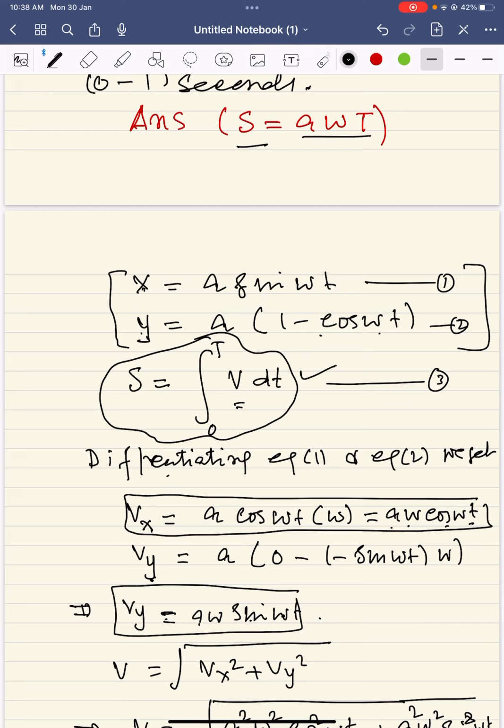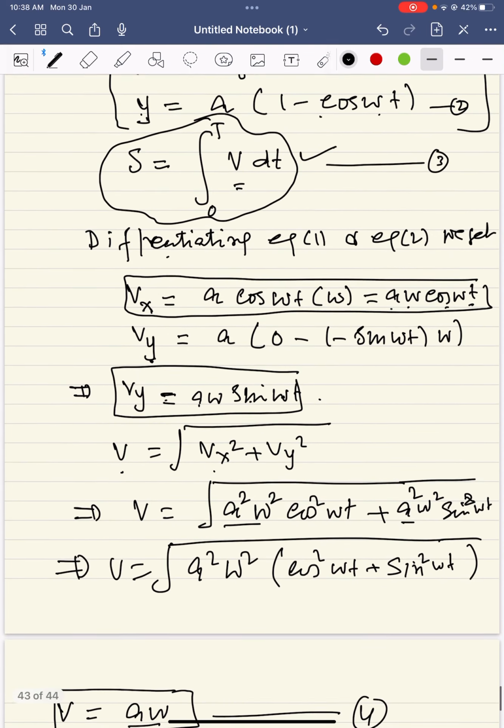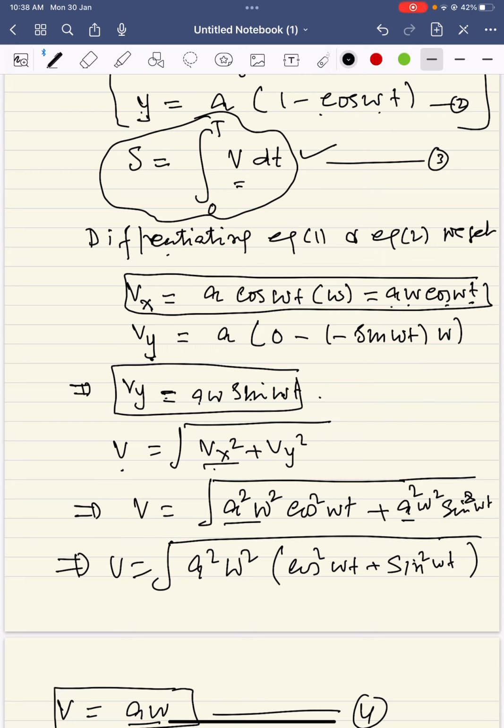Now we find the magnitude of velocity, that is the root of vx square plus vy square. Substituting, we get a square omega square cos square omega t plus a square omega square sin square omega t. So v is equal to the root of a square omega square, with cos square omega t plus sin square omega t inside the bracket, that is 1.